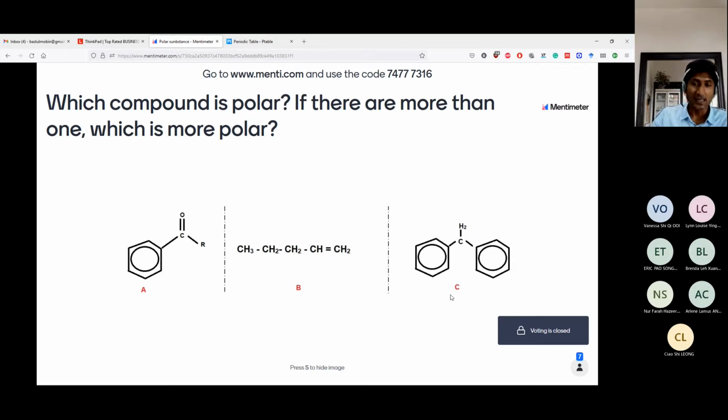But for C, there is no polarity here. It will not be polar because this carbon has 2 hydrogen attached, and these 2 phenolic groups are quite stable. So there is no tension between any carbon or hydrogen or phenolic group, no electron pull towards any of them.